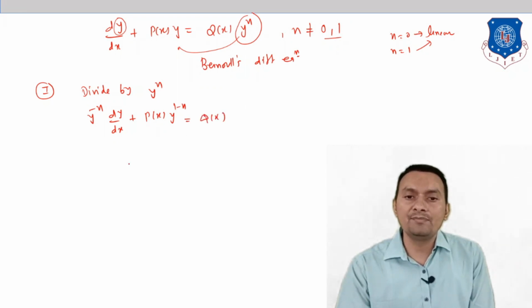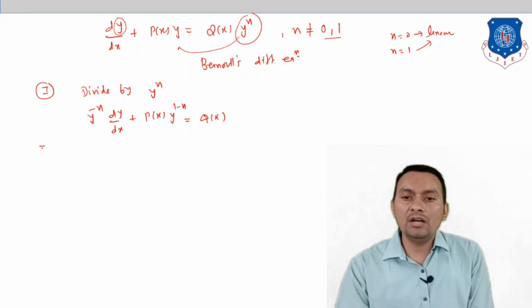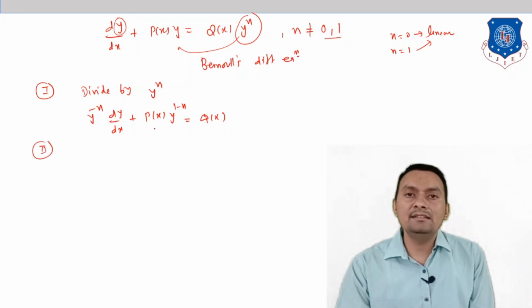Now in the next step, you have to consider the second term. Whatever we have as the function of y, we will let y raised to 1 minus n be equal to v. So I have to do the differentiation on both sides with respect to x.